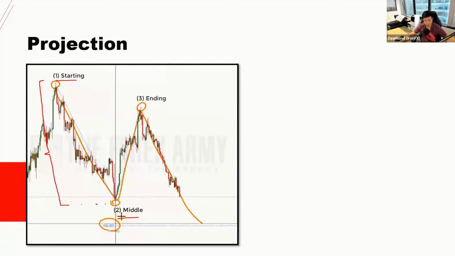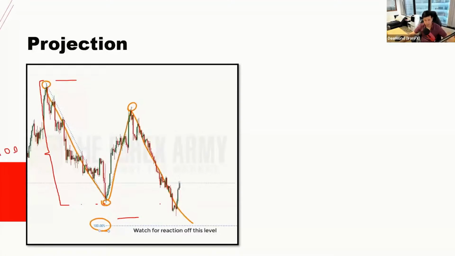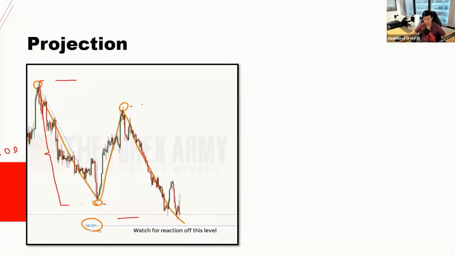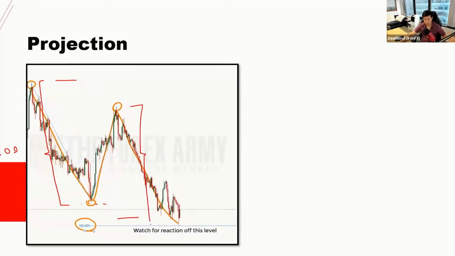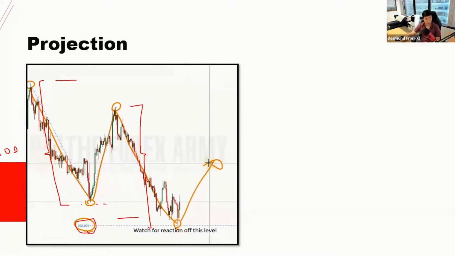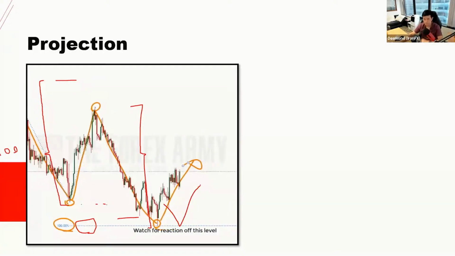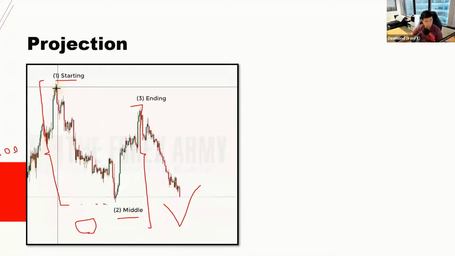Let's just say the distance is 100 pips, and you are projecting it onto here, which is another 100 pips. So that is what it means by 100% Fibonacci projection. It means that you're looking for price to touch and then bounce from there. That is basically what a Fibonacci projection means.